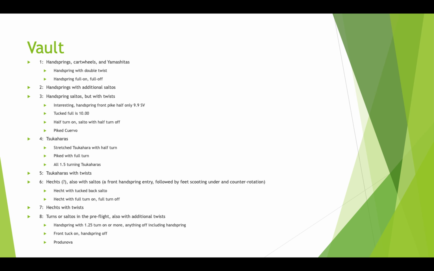I say only because that vault was worth a 10.0 in 1992, and it was a 9.9 in 1996. I'm surprised it was so low here. Whereas in order to get a 10.0, you had to do a front tuck with a full twist.